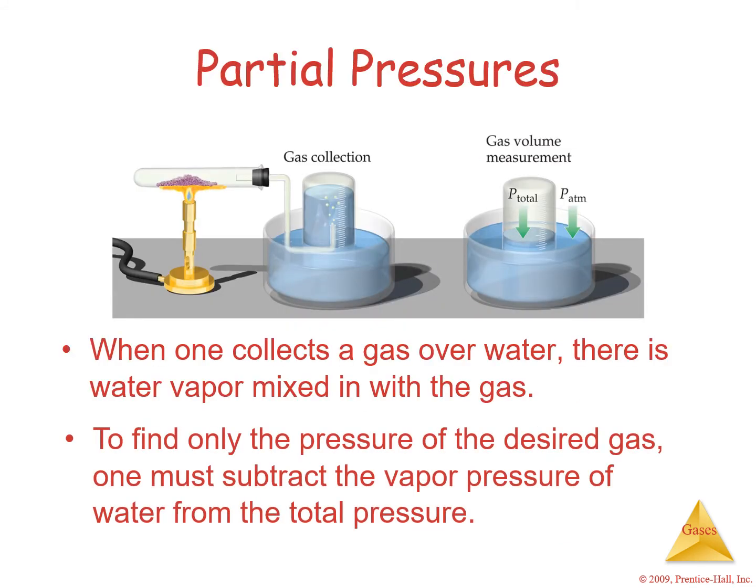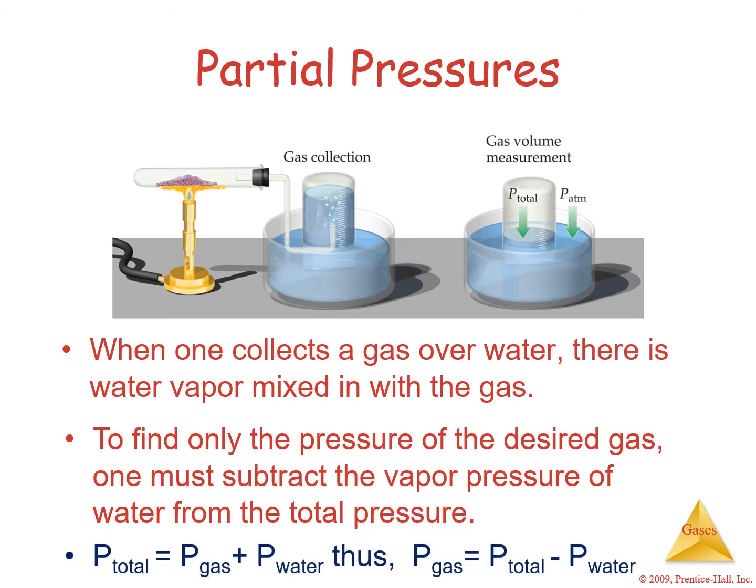Okay, so when it comes to partial pressures, I also wanted to mention something related to the experiment which you did in the lab, when you were determining the R constant from the information of the gas which you collected through the chemical reaction.